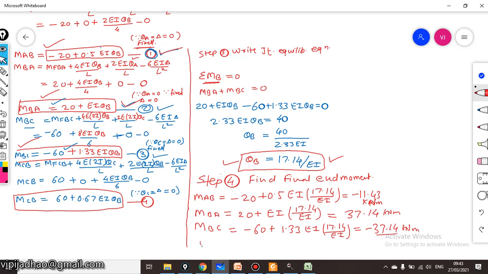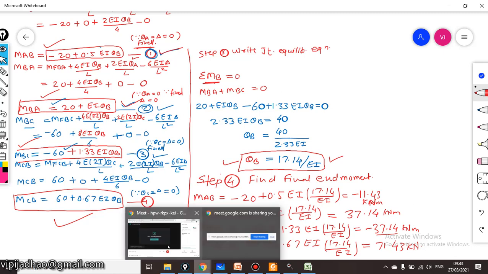And similarly for MCB, put the value of theta b in equation number 4. You get 60 plus 0.67 EI multiplied by 17.14 divided by EI, so MCB is equal to 71.43 kilonewton meter.